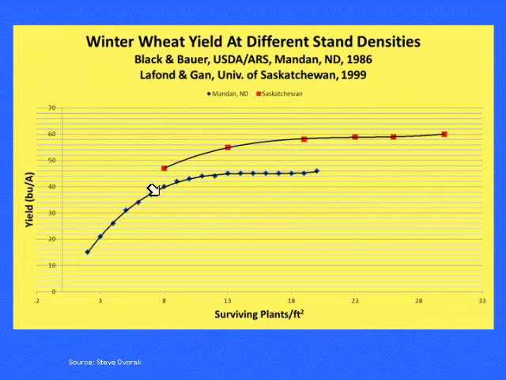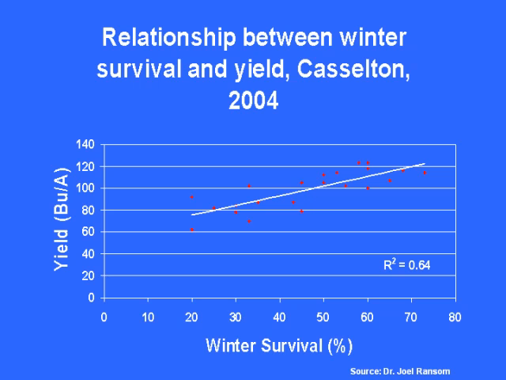And the fact you've got the crop out there, you don't have to plant it, you don't have to tear it up, probably would suggest that you can tolerate these populations even below 8 in many cases. This is some data that we had from Castleton in 2004, a nice relationship between survival and yield.